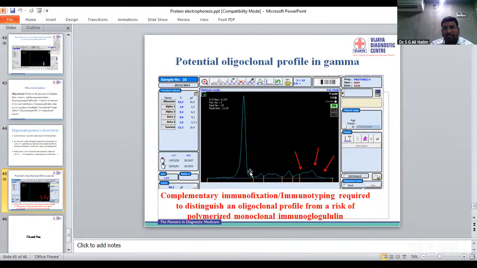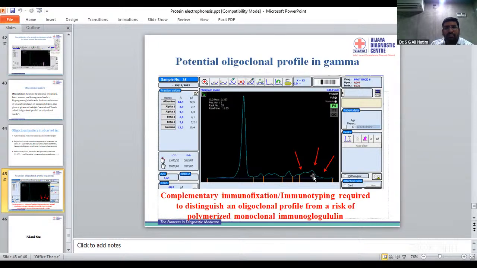Likewise, in different regions we get different interferences. If the sample is hemolyzed and we have not noticed it, we usually get an extra fraction in the alpha 2 region because of the haptoglobin and hemoglobin complex.